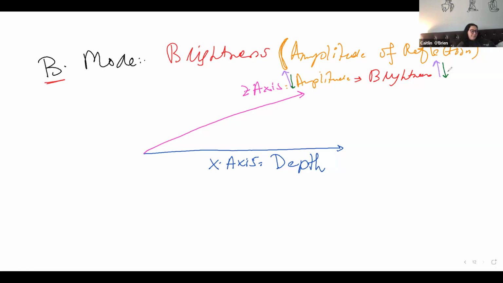Yep. So when I said back in chapter 6, the stronger the intensity of a reflection is going to appear brighter, here's the logic behind it. Because the intensity of that stronger reflection is going to have a wave with a greater amplitude, which we in B mode just translate into more brightness, and vice versa.